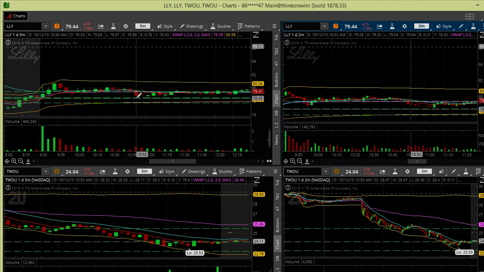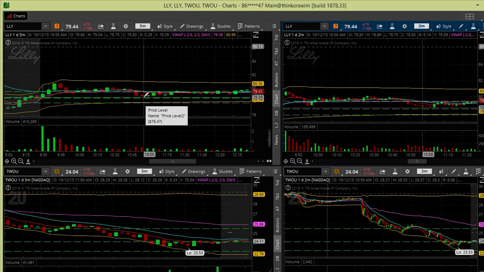This level here was to me in play, and had it got held up here, I would have taken profits. I still would have made a decent profit based on my position size. I think I was only in 100 shares, so it wouldn't have been a $20 or $30 trade.